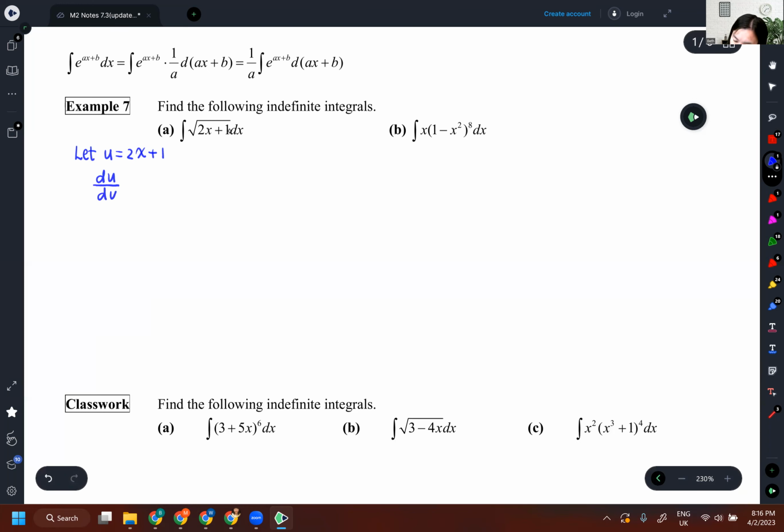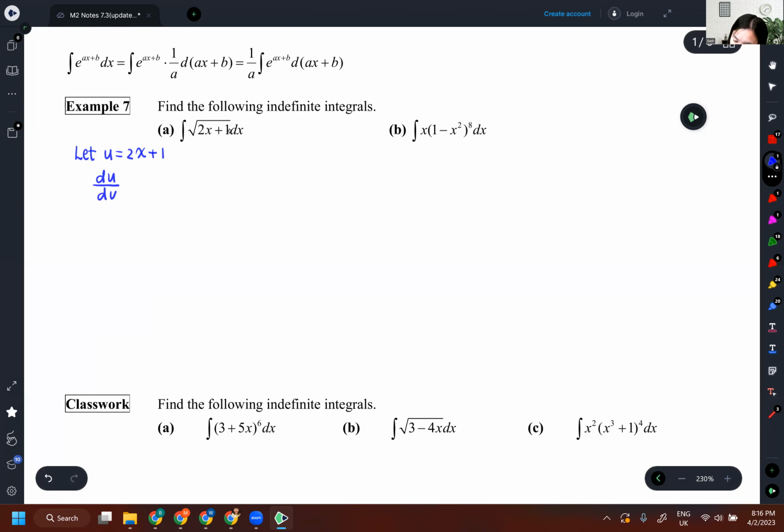derivative. Not dx du, sorry. Du dx. Okay. And that will give you a relation between du and dx. You can say du equal 2 times dx. Now, right now, you need to treat it as a fraction.